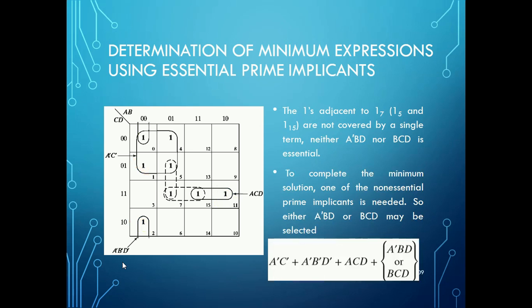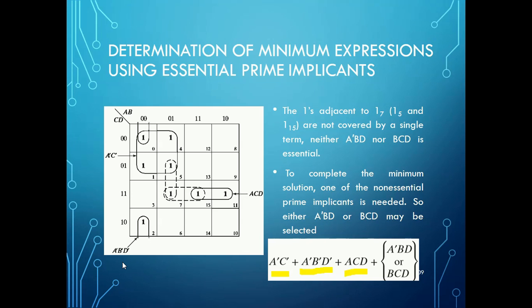So till here we have found the three essential prime implicants: A bar C bar, A bar B bar D bar, and ACD. But do you think this is the final expression?